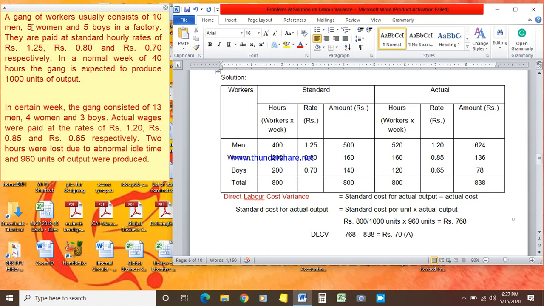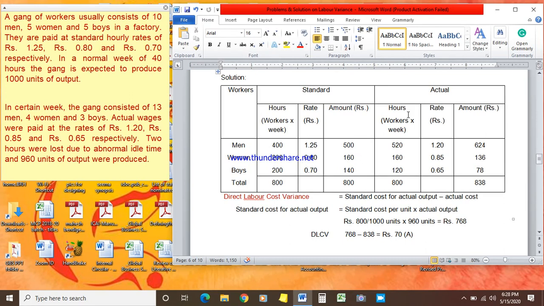Similarly, 5 women will work for 40 hours, so the total number of hours worked by all these 5 women together comes to 200. Like this, first I need to find out how many hours each class of workers has worked. So men have worked 400, women 200, and boys 200. Then the rate paid for each category gives the amount.